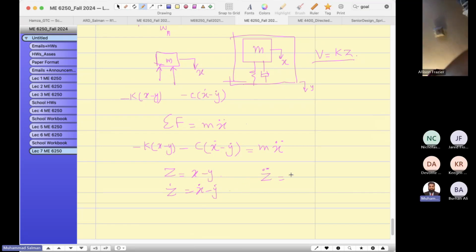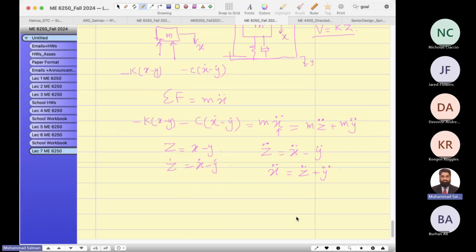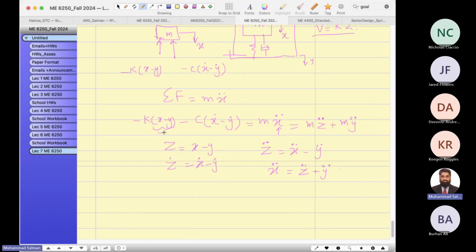Z double dot is x double dot minus y double dot. So I can also write x double dot in terms of z: z double dot plus y double dot. If I replace x double dot by this, I can write m z double dot plus m y double dot.